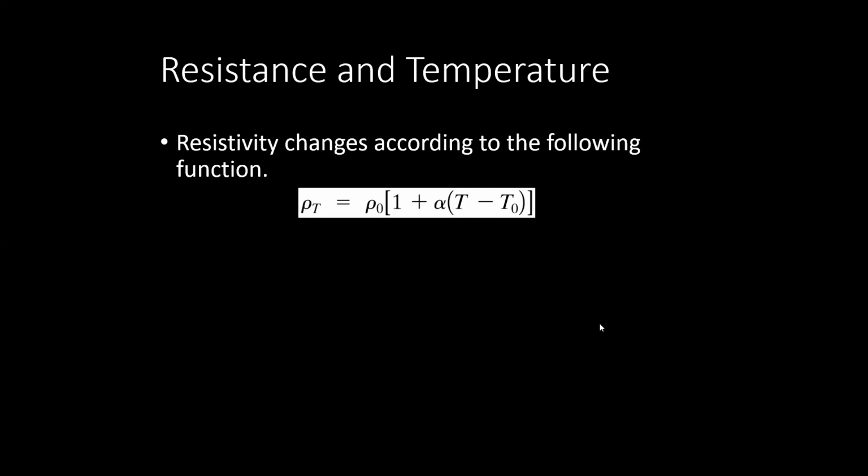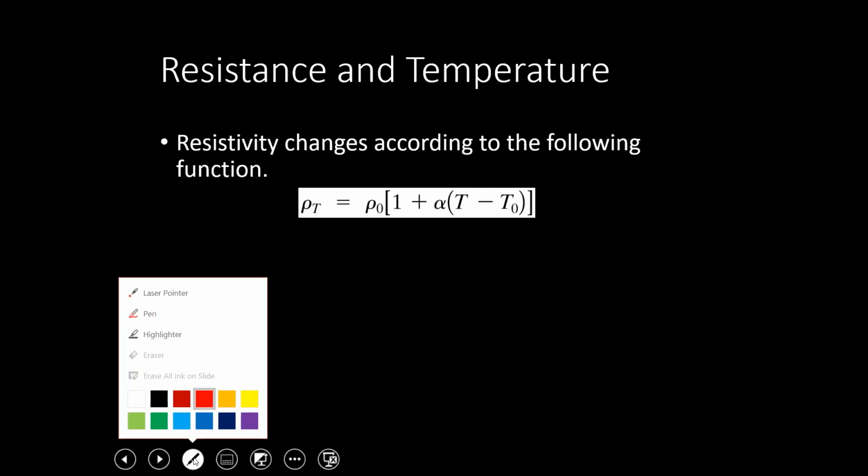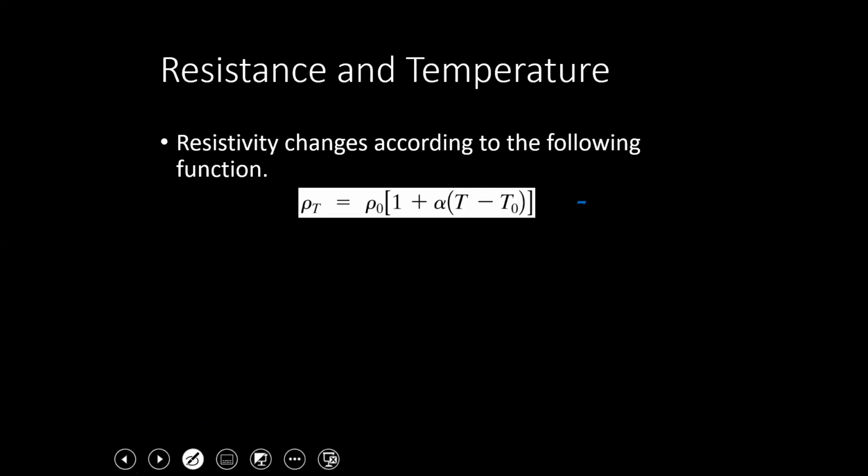The reason why is, let's say you had an electron moving here with some speed, and there is an atom. Well, with higher temperatures, that atom starts to vibrate. It goes up and down, or left and right, it doesn't matter, but it starts to vibrate.